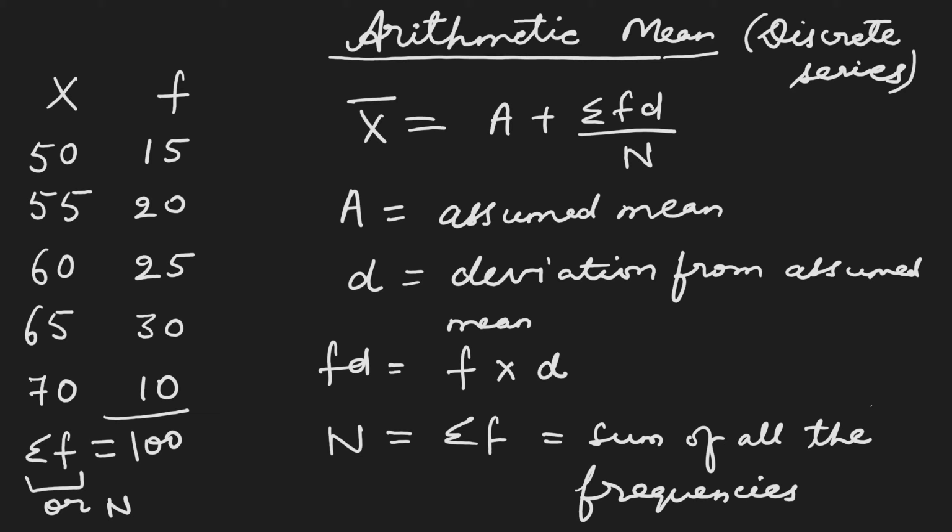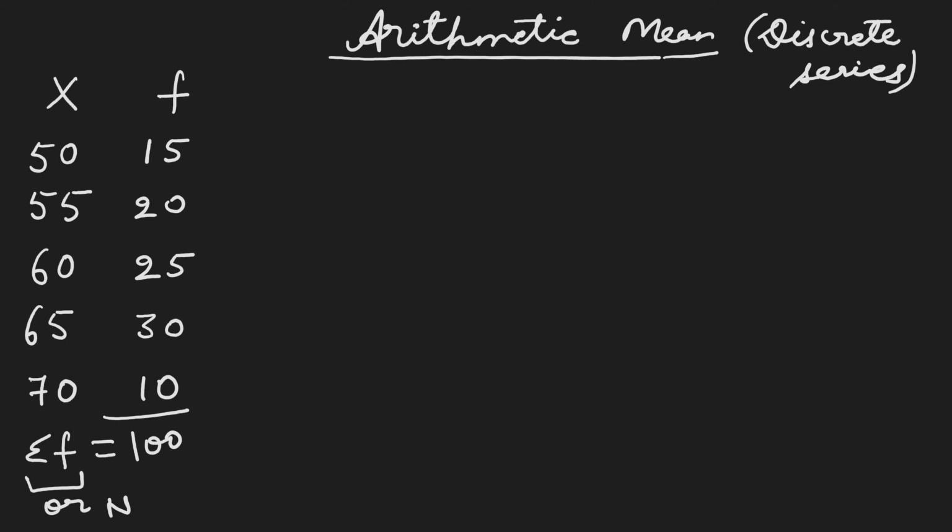So now we will use this formula for calculating arithmetic mean. For that, first we will take a value of x as assumed mean. Let's see, it's 60. So we are considering 60 as a or assumed mean.